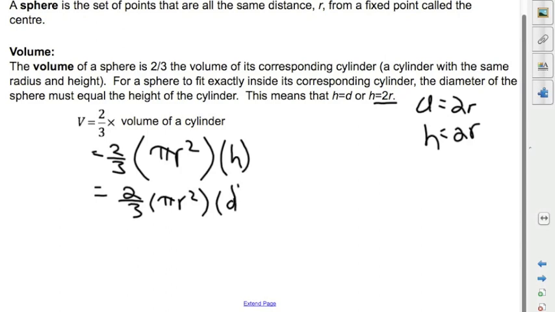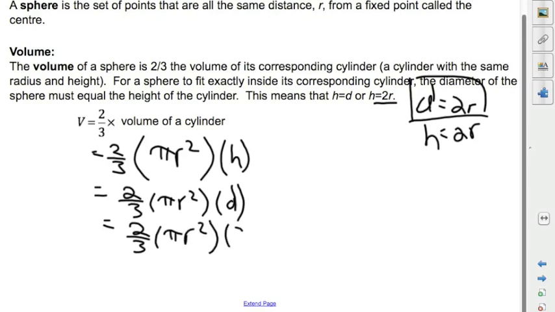It's just our diameter. This is what I'm filling in on your sheet right now. What do we know the diameter to be? The diameter is over here. What is that in relation to our radius? 2 times the radius. So it's just 2/3 times pi r squared times 2r.